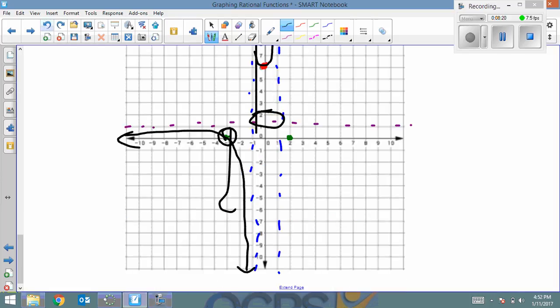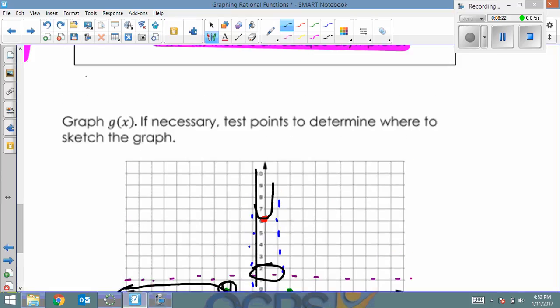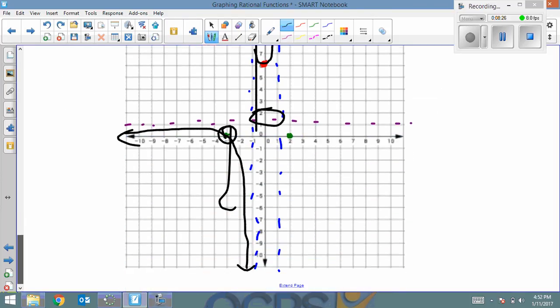I'm having issues here with my laptop right now. Then same thing, you always start on the left, we hug the line, go through our point and hug the other line. And then I know that I'm going to go down here because of that point right there. And that's your graph. It looks a little messy because these are just rough sketches.